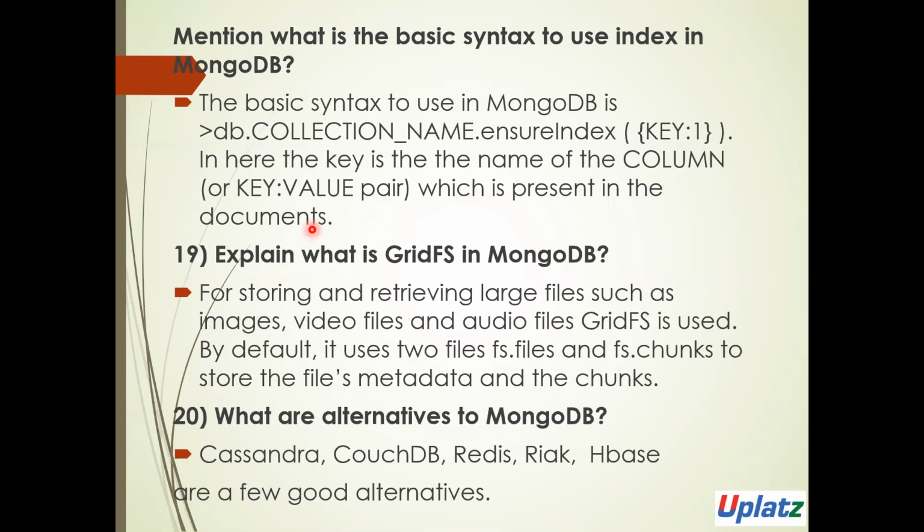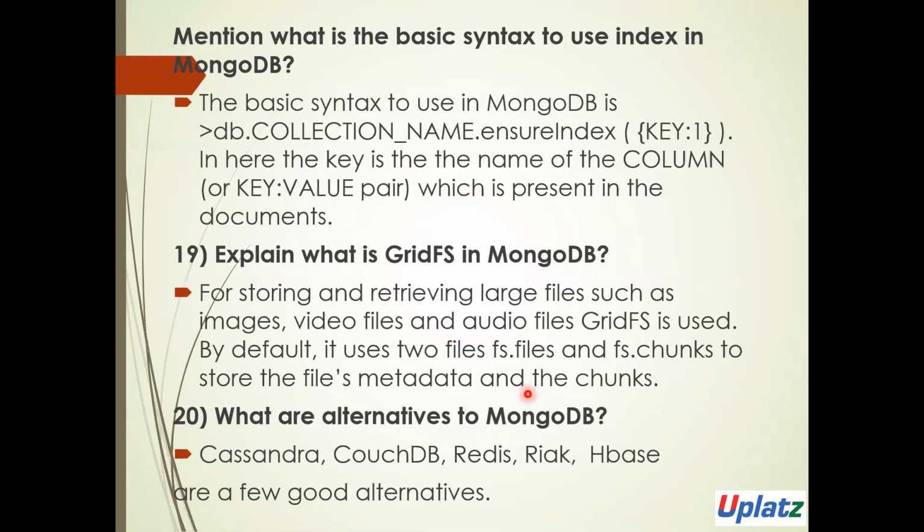What is GridFS? In the storage topic in our MongoDB session we have discussed GridFS. For storing and retrieving a large number of files such as images and videos, we can use it. It uses two collections, fs.files and fs.chunks: one is used to store the metadata, and the other is used to store the chunks.